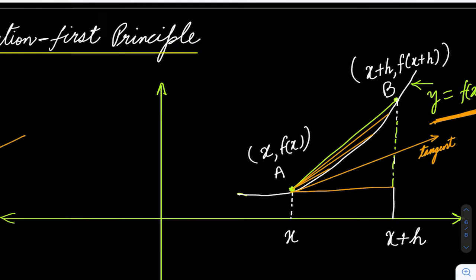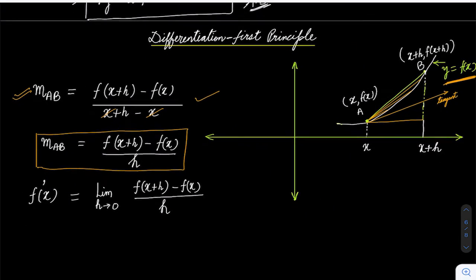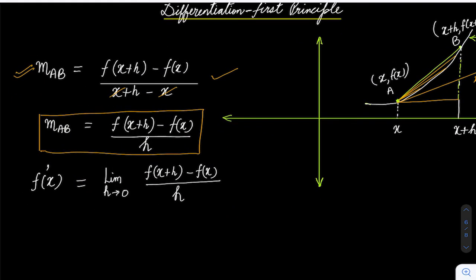Now, how do we write this mathematically? Mathematically we say f dash x, f'(x), is nothing but the gradient of the tangent. So gradient of tangent is equal to the limit as h approaches 0, that is when h is very, very small, then this chord gradient becomes the gradient of the tangent.